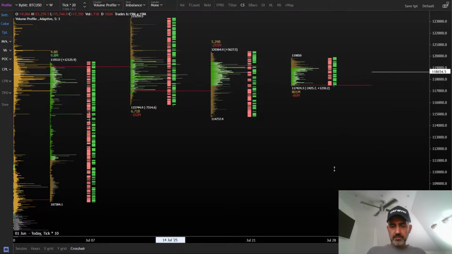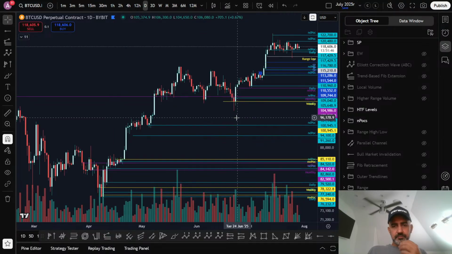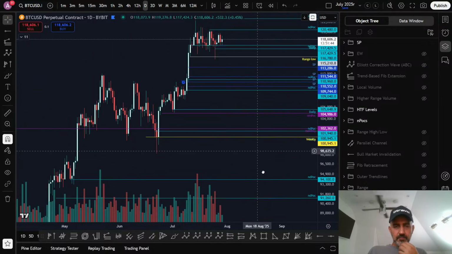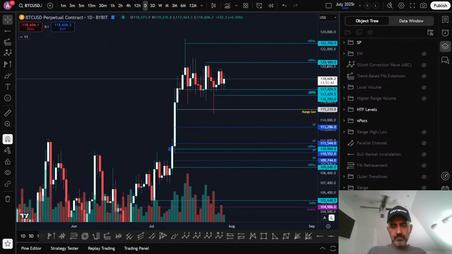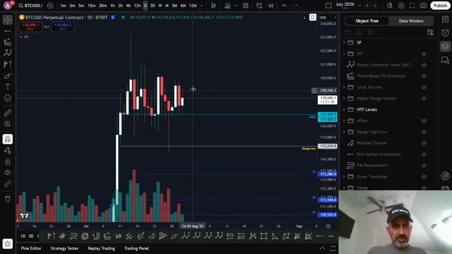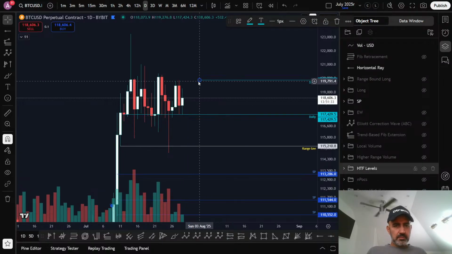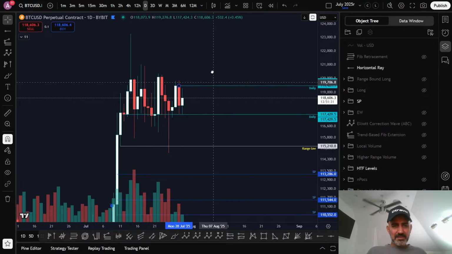Keep this one. All right, we've got that daily level. Let's just have a look at these higher time frame levels. All right, so we've got that daily level there as well. Potentially tapped.